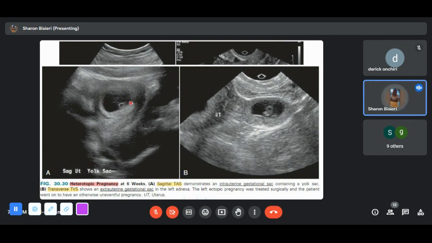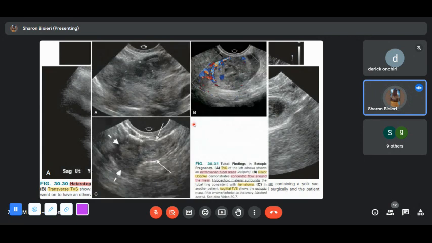We can make it out here: the anechoic circular mass with well-defined margins, and you can see the yolk sac within it. And then on examining the left adnexa, a similar gestational sac was seen, and this is the uterus, much to the left of it. So this is how you can diagnose heterotopic pregnancy.